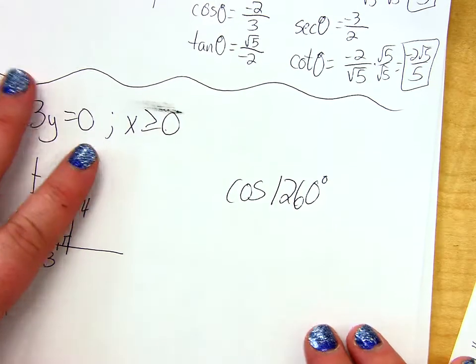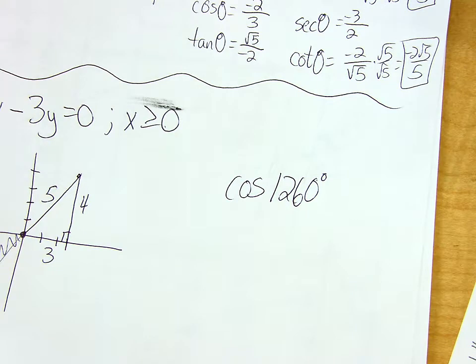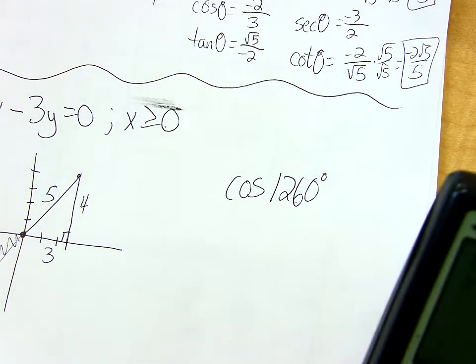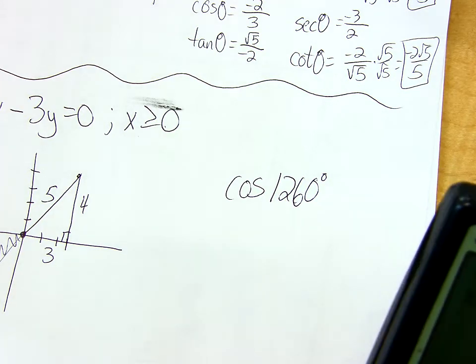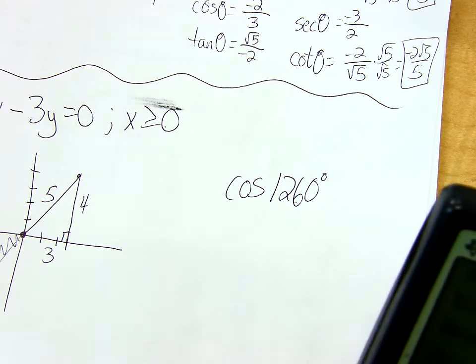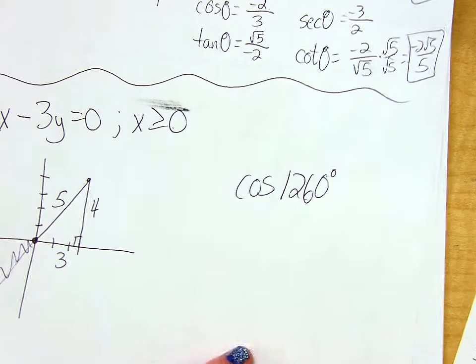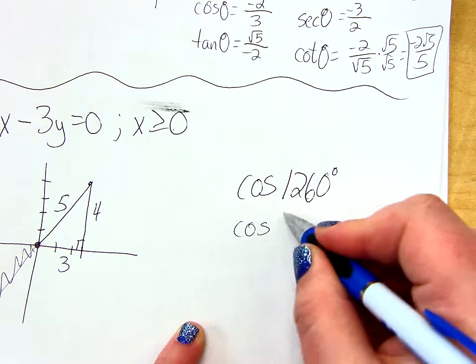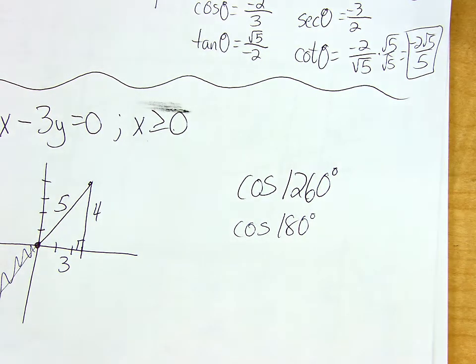And pretend you don't have access to a scientific or a graphing calculator. You might have a 4-function calculator. So what am I going to do with 1260? I'm going to subtract 360 to find that coterminal angle. 180. So this is the same thing as the cosine of 180 degrees, which I know what that is.